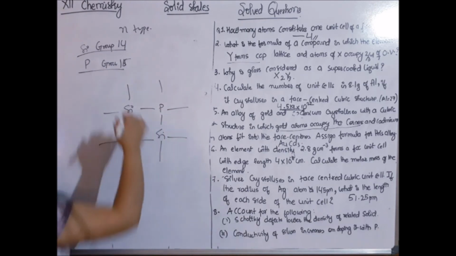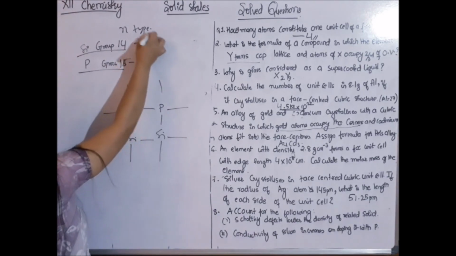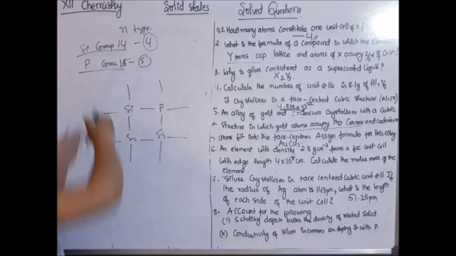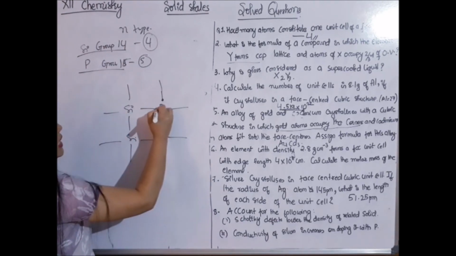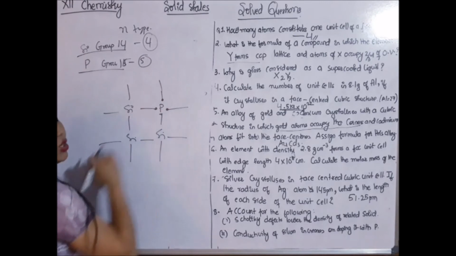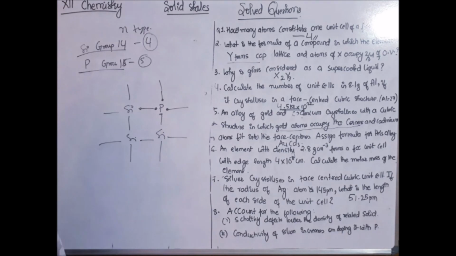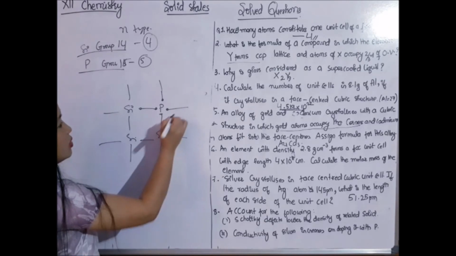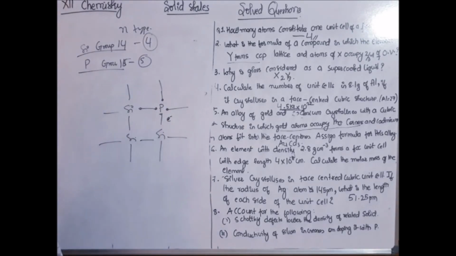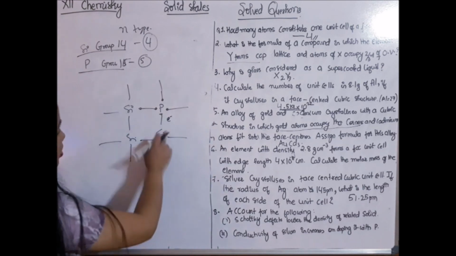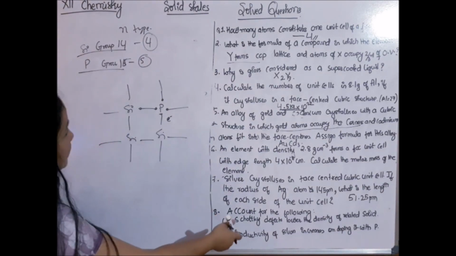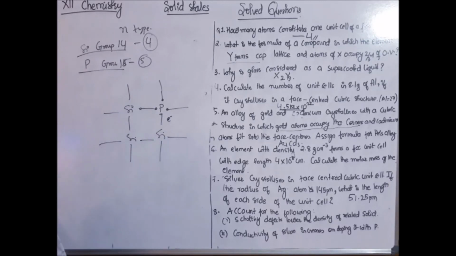Phosphorus has 5 valence electrons and uses 4 of them to form covalent bonds with the neighboring silicon atoms. Since 4 out of 5 are used, one is free. So this electron is free to move, which means the conductivity will increase because of the presence of the fifth free electron.